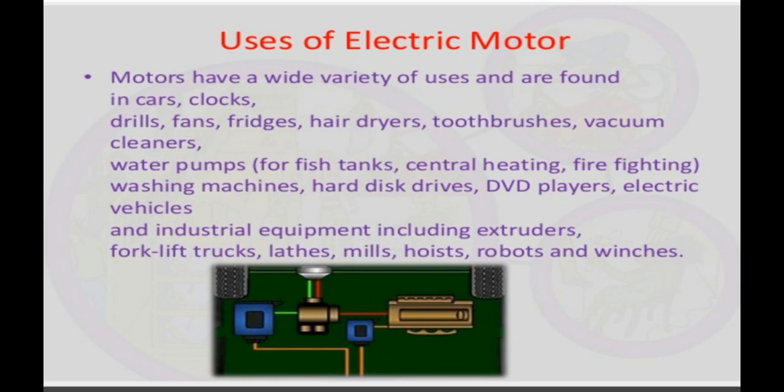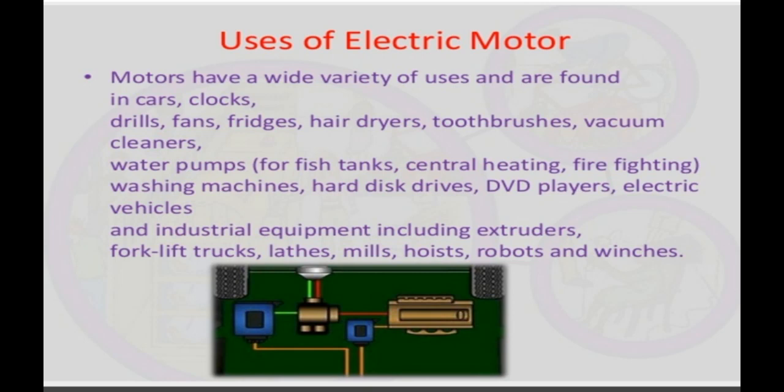Electric motors are used in electric fans. DC motors are used for running electric cars. They are used in record players, tape recorders, hair dryers, etc. Small DC motors are used in toys.